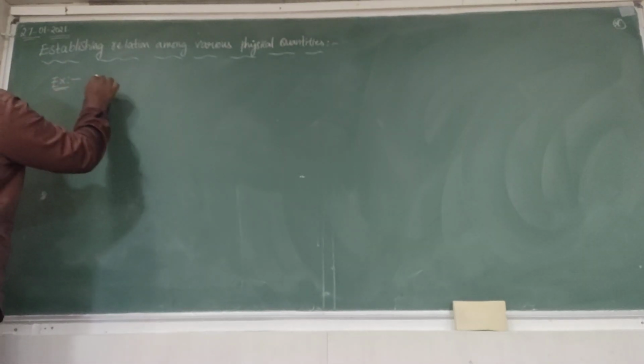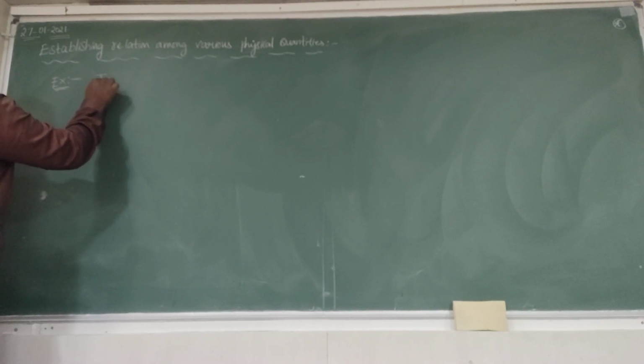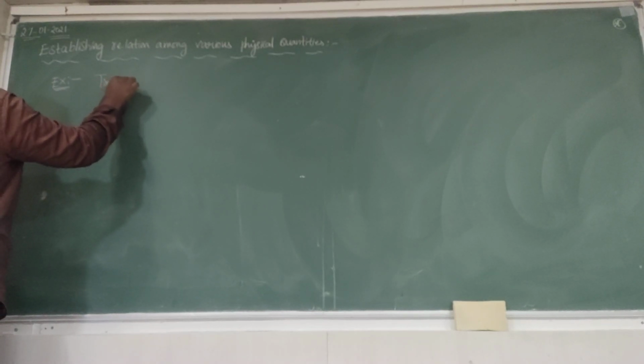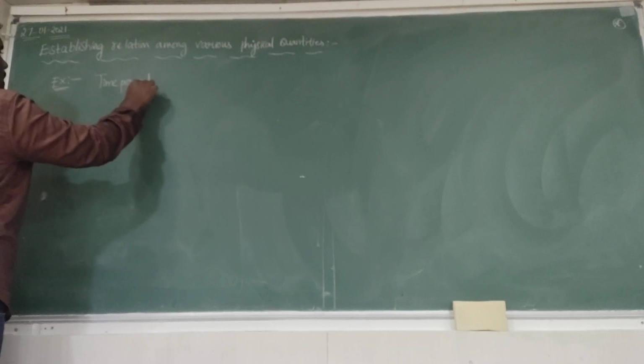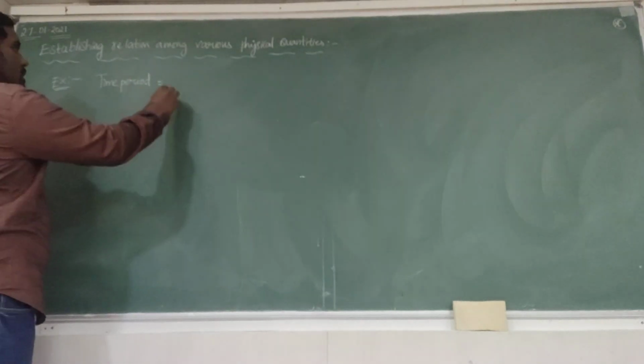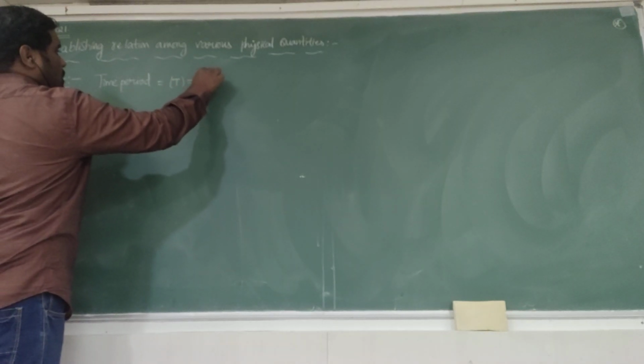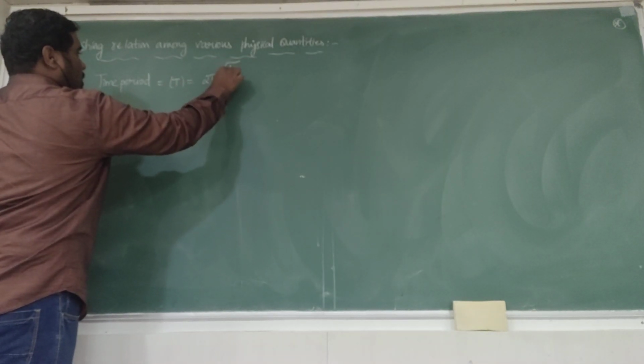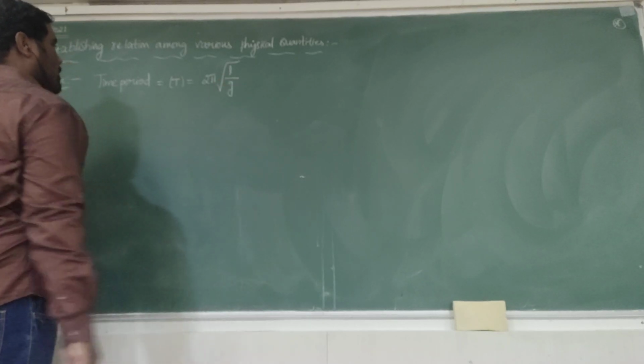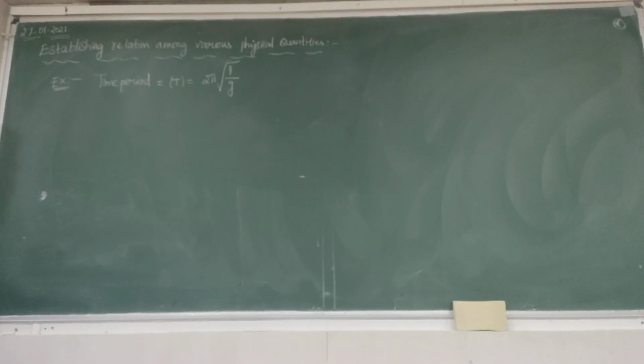Time period of a simple pendulum. I would like to discuss the time period of a simple pendulum. See here, the formula for the time period of a simple pendulum: T is 2 pi root L by g. What are the terms in that formula?